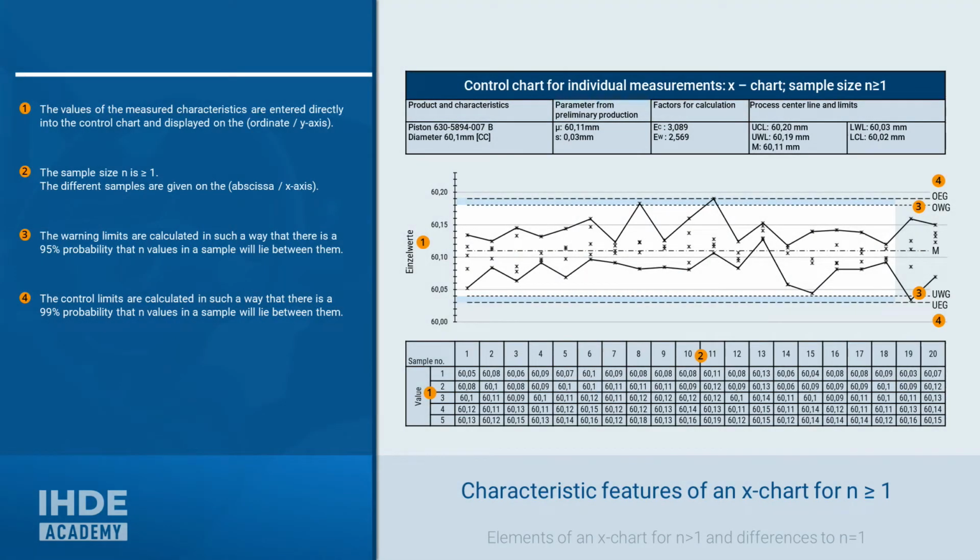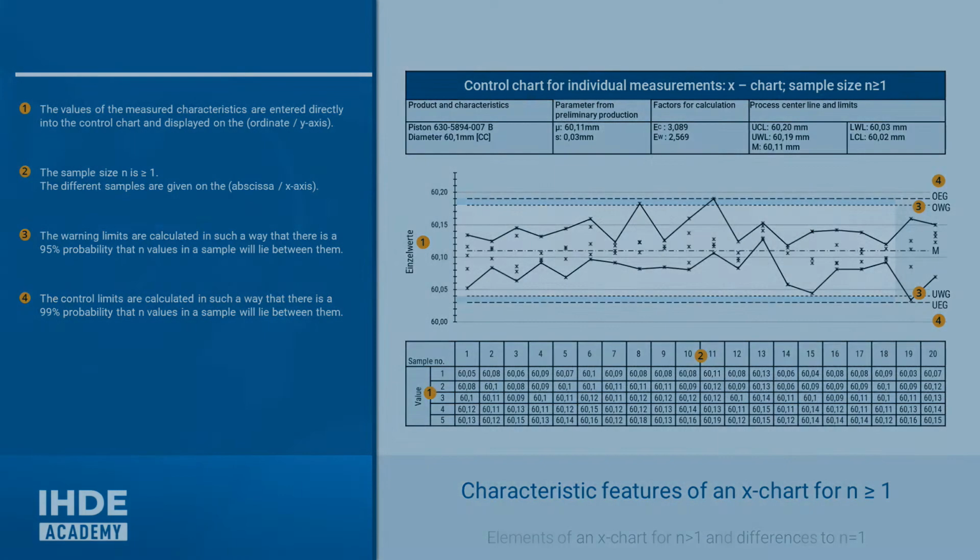A quality control chart for a sample size of 1 looks essentially the same as one for the sample size of 5, 10, 15 or any other value. Only the control limits are adjusted to the sample size, and the control chart must have more space to be able to write down all values.